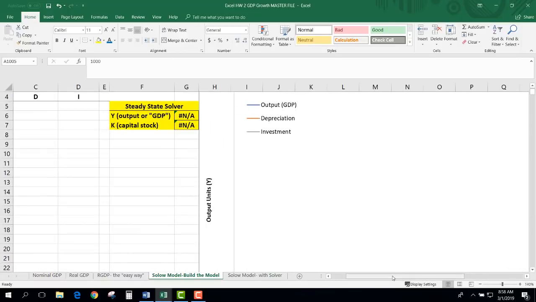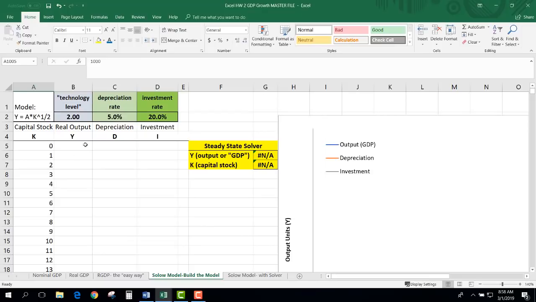Now what? Now I want to put in the model for output. Output is A, the technology factor, times the square root of K, and K is going to be given by this value here. So for every possible value of capital, what would our value of output be? My technology parameter to start with is 2.0, given in cell B2.